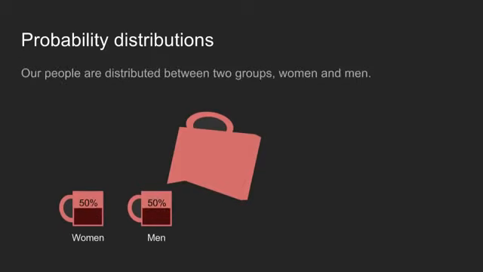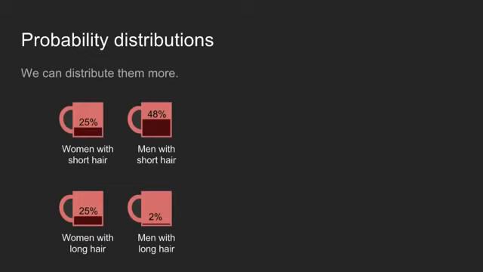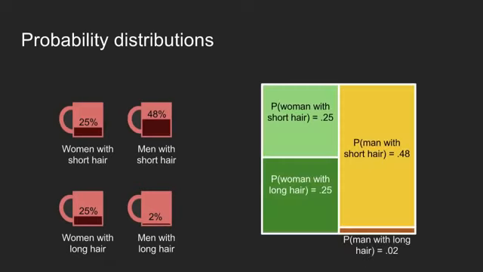So for instance, if we're representing the number of men and women at the movies, we could share it 50-50, but it'll always add up to 100%. We could even share it further into different categories. So here we see the joint probabilities of all of our 4 different categories that we were working with. And you can see that this is just another representation of the distribution representation that we were looking at before.